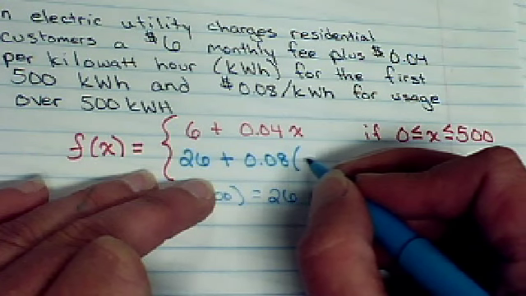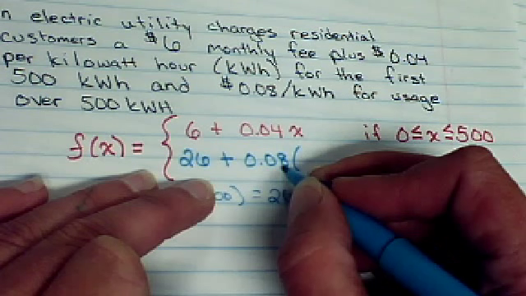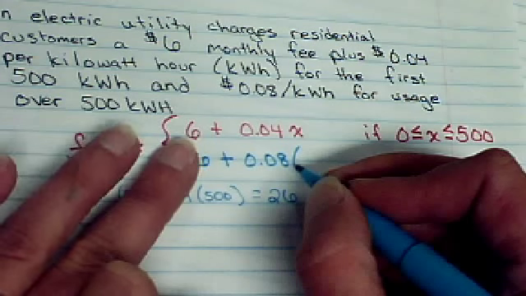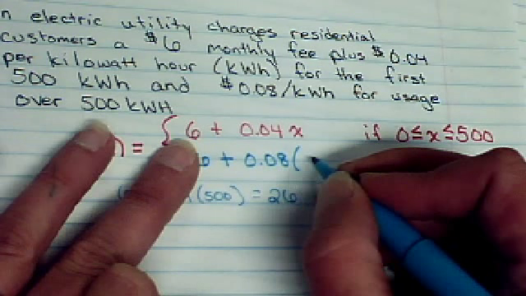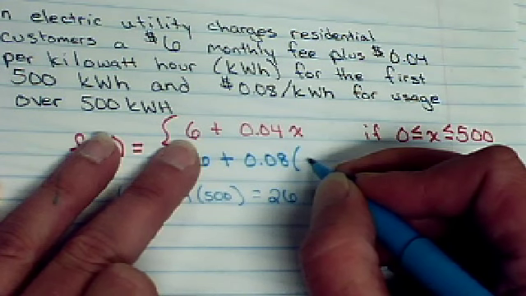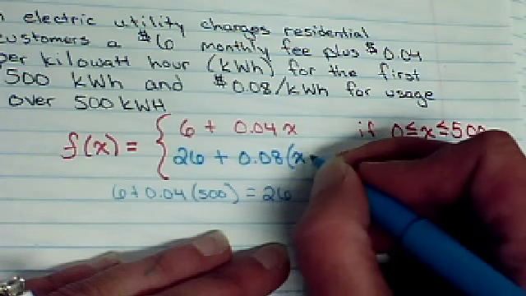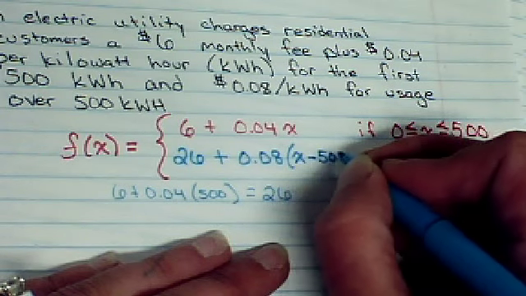Only the 100 that's over would be charged here. And one way I can represent that is X minus 500.